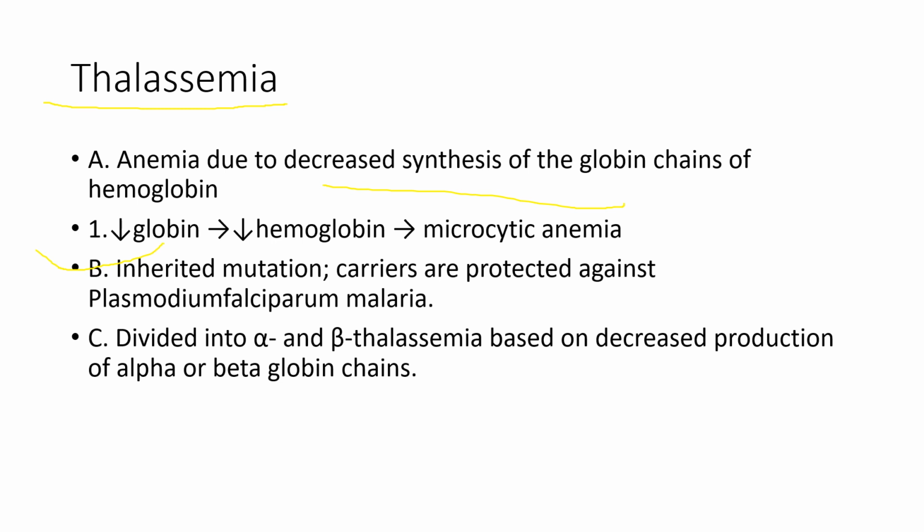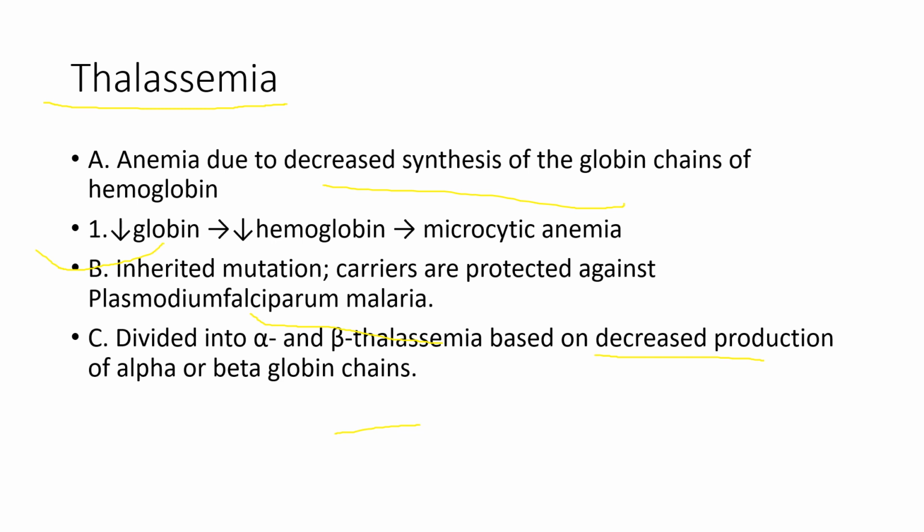Patients with thalassemia are resistant to Plasmodium falciparum malaria. It is divided into alpha and beta thalassemia based on decreased production of alpha or beta globin chains.